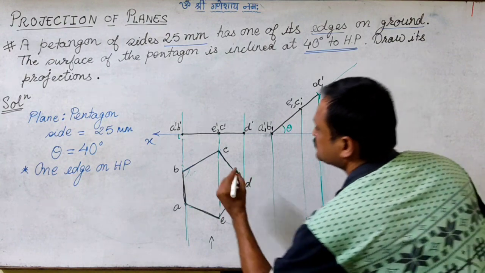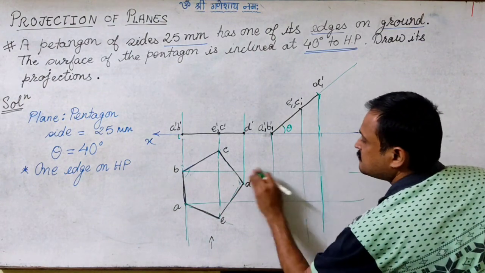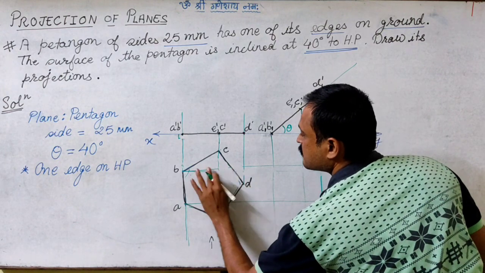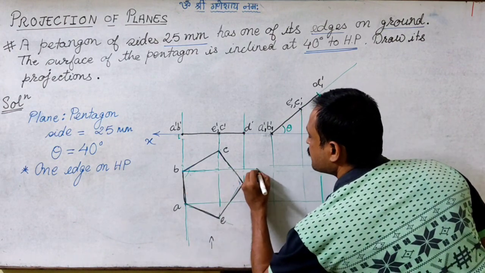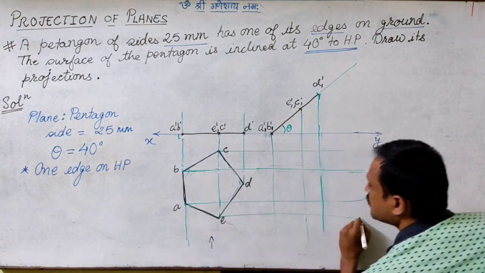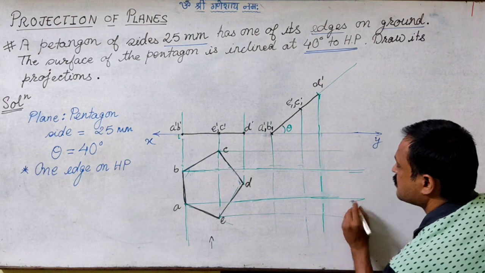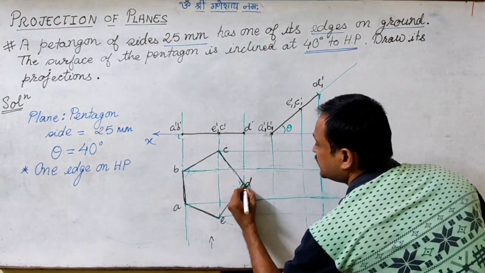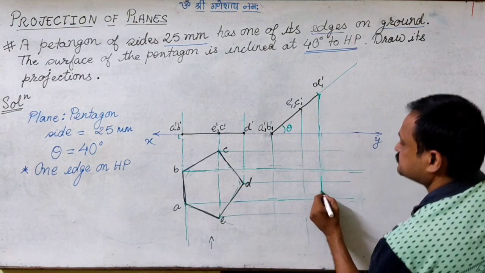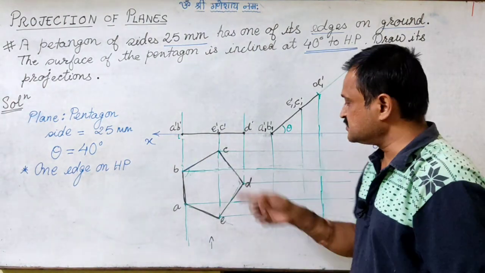So I can draw the locus of A, B, C and D. So now we can locate all the corners for this condition.